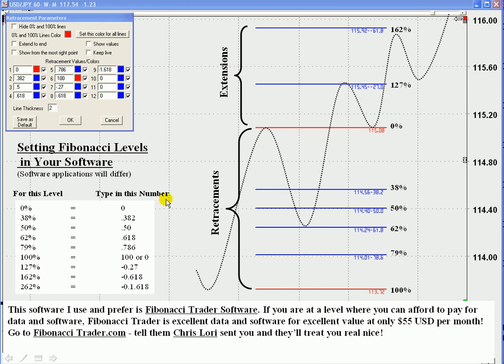And in your parameters window, you would put in the following figures in order to establish the proper parameters for your Fibonacci tool when using this particular software. But it'll also give you a feel for your own software, whatever software it is that you're using, and how the parameters window can be used.